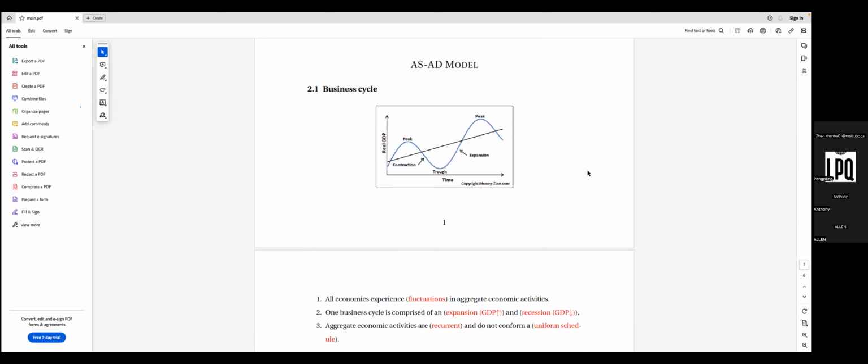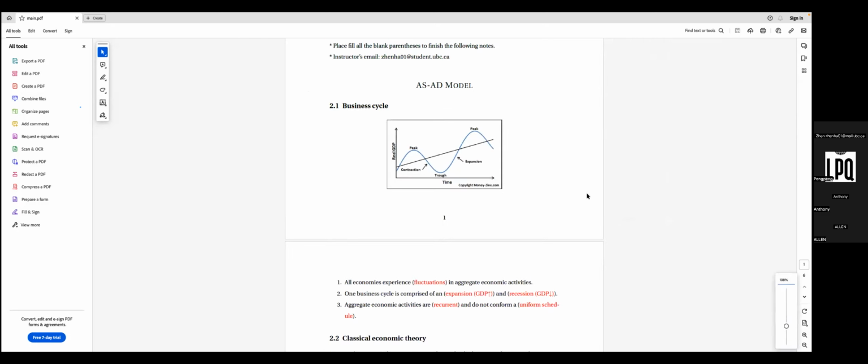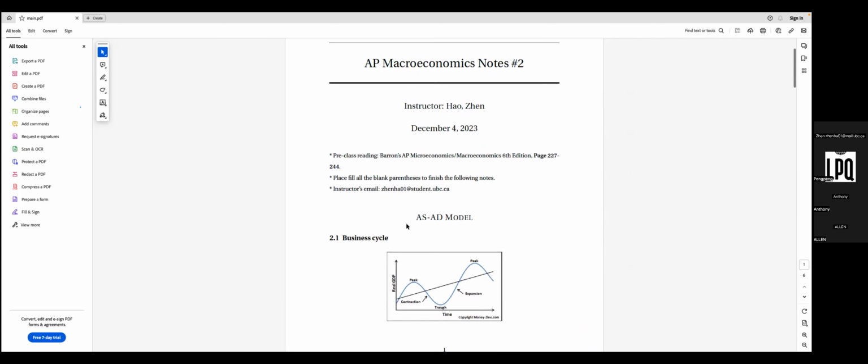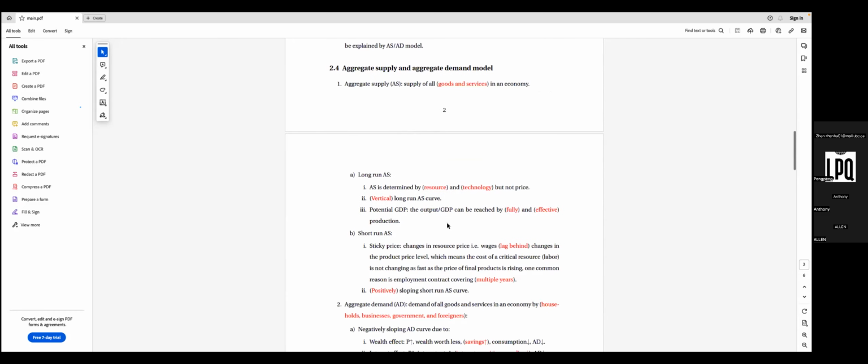Okay, make sure you have your notes on hand. As you can see, the title here is about the ASAD model. ASAD stands for aggregate supply and aggregate demand.